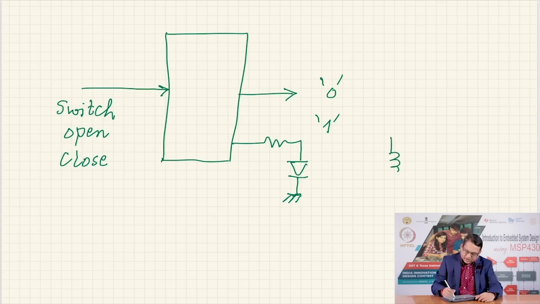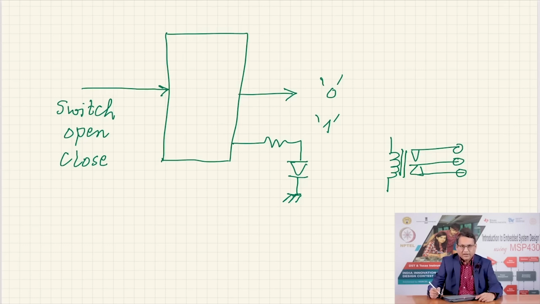A relay has this symbol, and if it is possible to connect this relay directly to the microcontroller, you would do that.